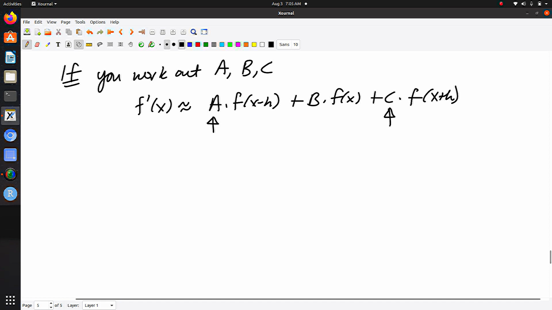Okay, so one will be positive and one will be negative, but B is going to be 0.